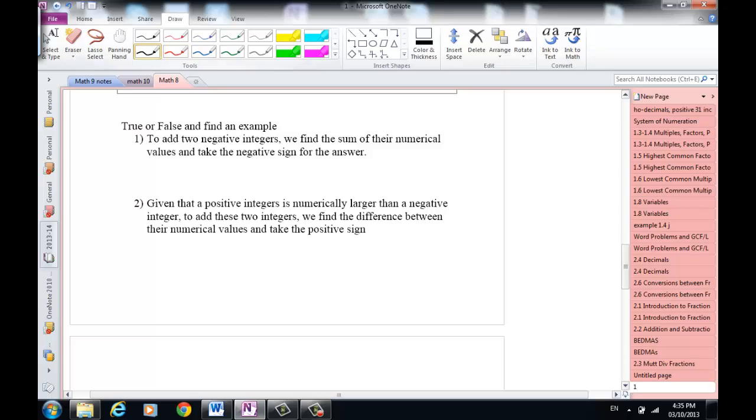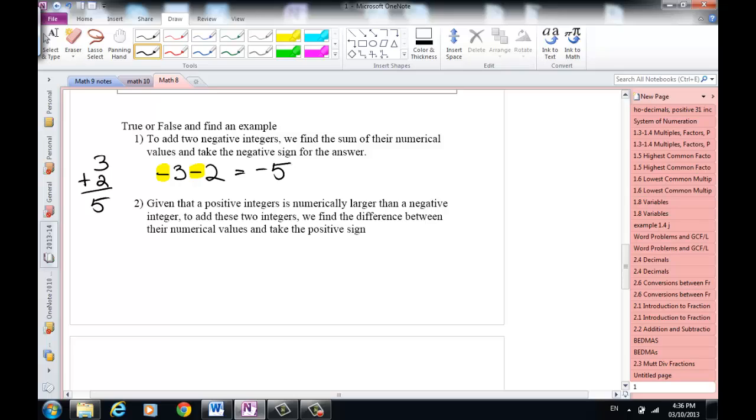So if you think about that, my example, if I have -3 minus 3, or let's change it to -3 minus 2. Okay, they both have negatives. So if I was, for example, to add 3 plus 2, I get 5. And because they're both negative, we can write this as -5.